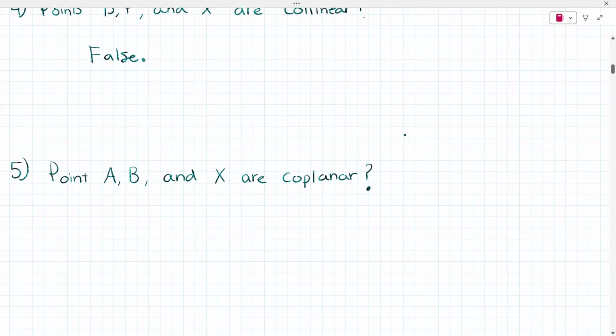Number 5, points A, B, and X are coplanar. So what does coplanar mean? It just means are they in the same plane? It doesn't mean they have to be in the same line.